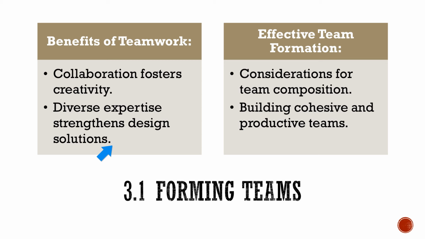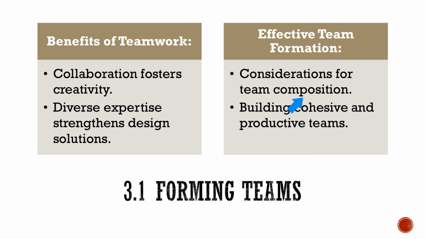So this is the reason why the design process usually happens in group activities. And then some of the effective team formation, which is usually when you have a resource of a number of individuals, we can consider for team composition.